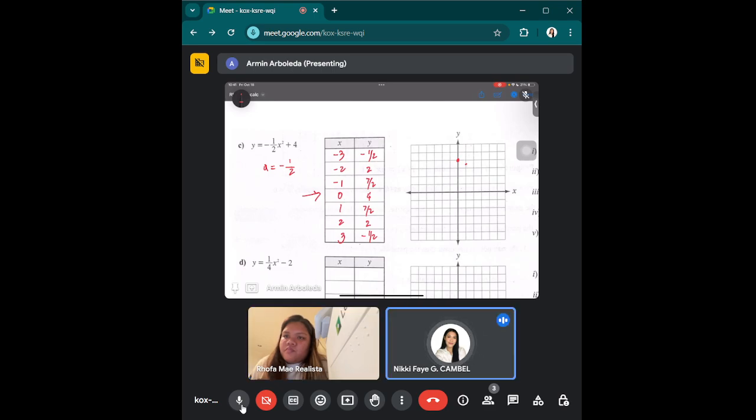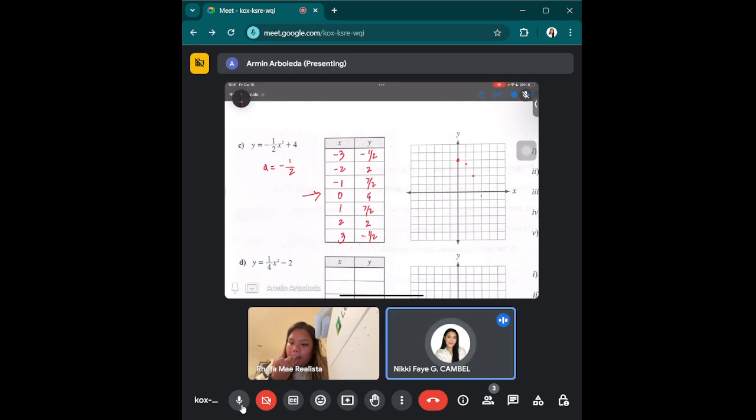And then 2, we have 2. And 3, we have negative 1/2.